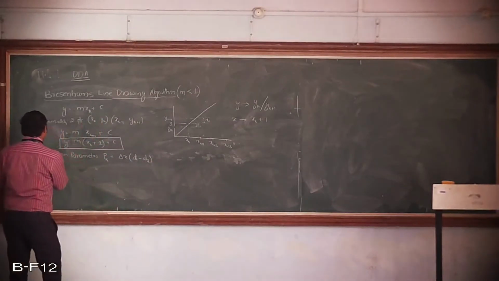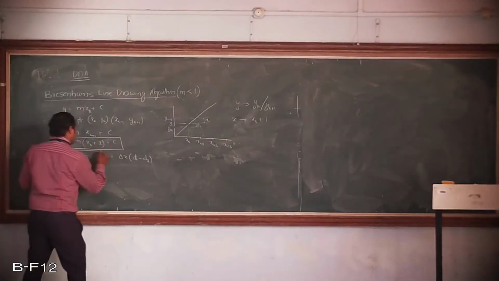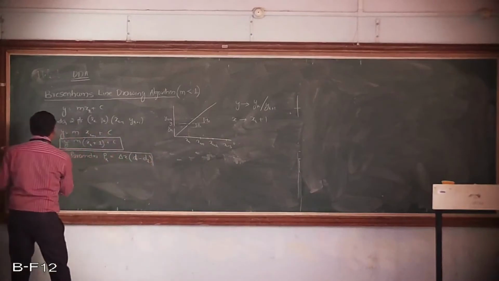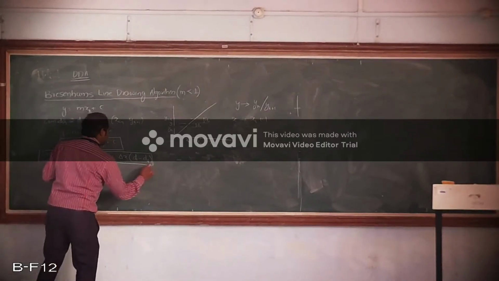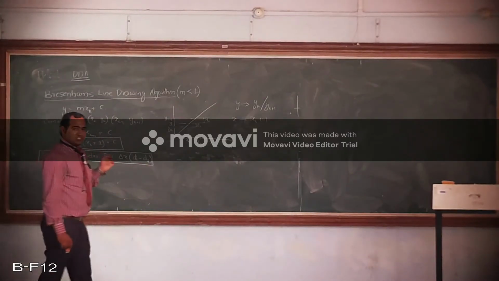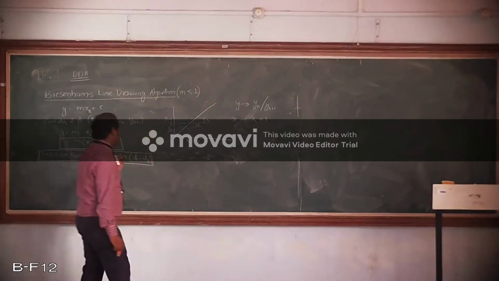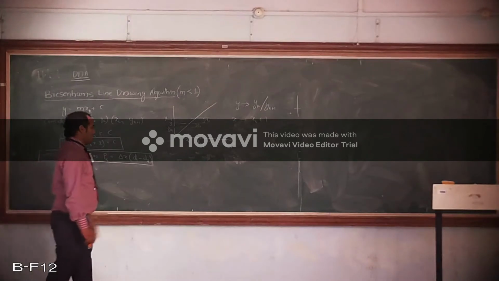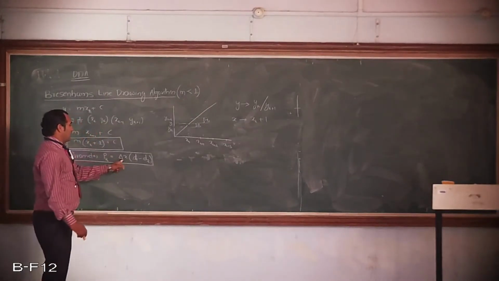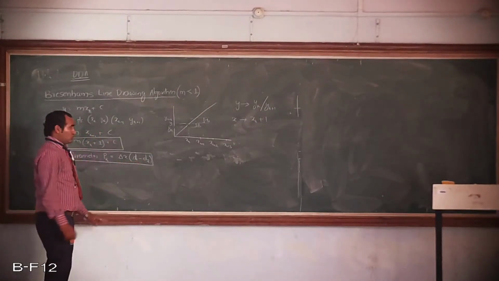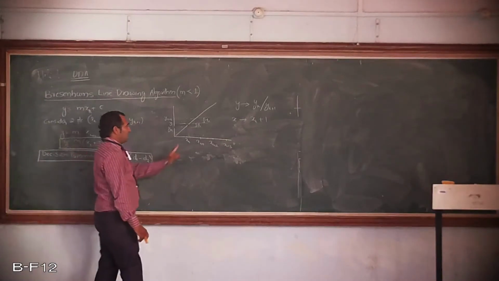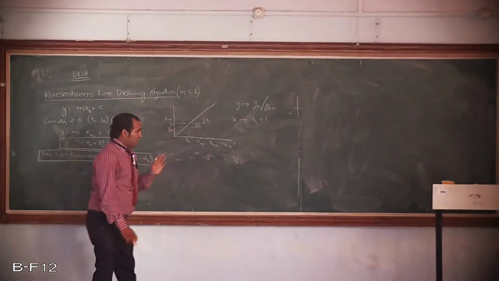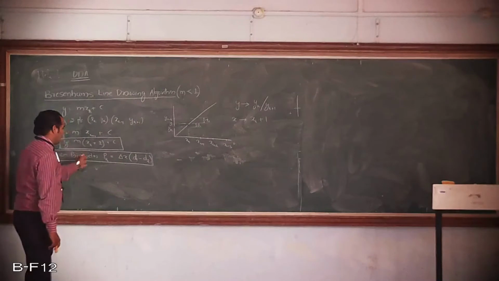This step is very important in this derivation. The decision parameter is delta x into d1 minus d2. So now I have to find this decision parameter. Let us define d1 and d2 and then substitute them in this equation.